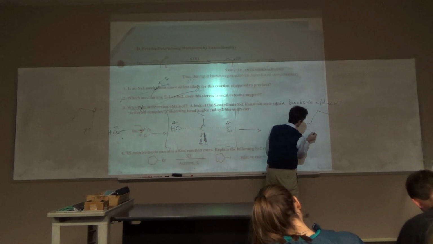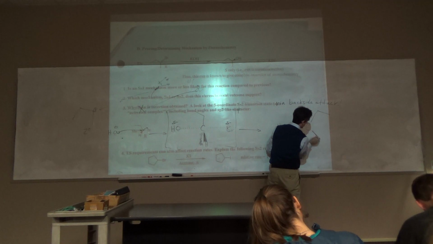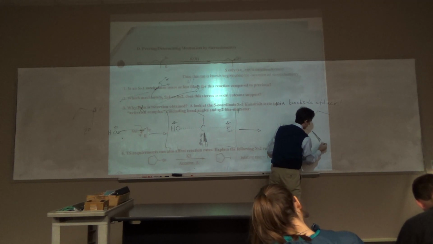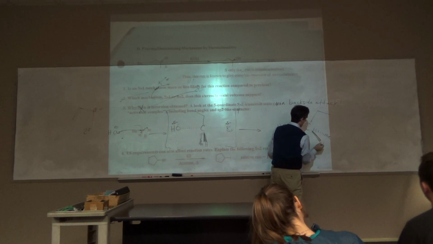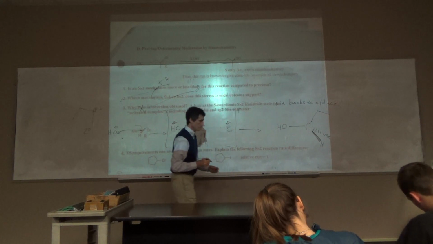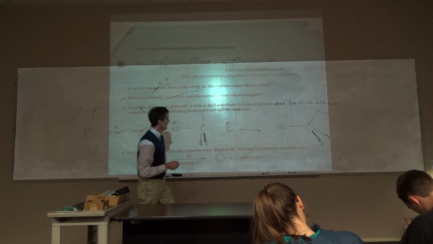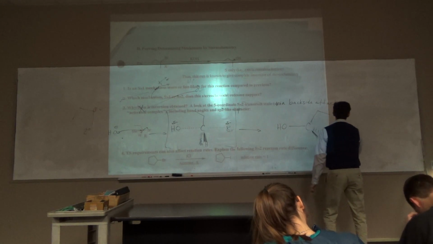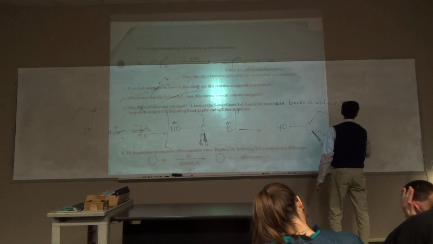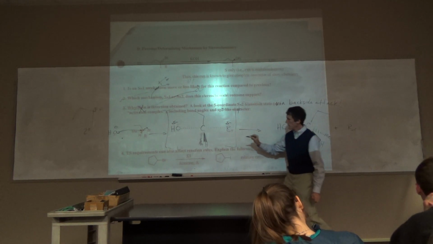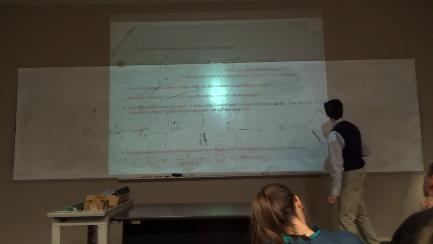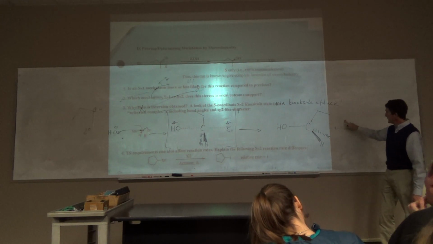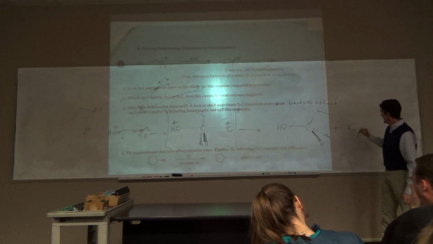The H is still forward. Plus, these electrons totally leave, and so that's how you get your fourth lone pair. And that's a minus.